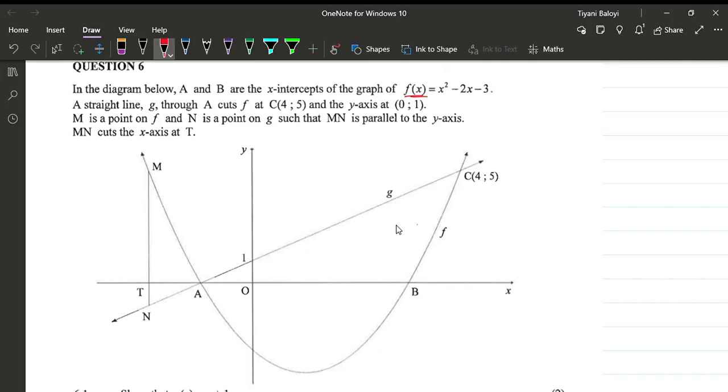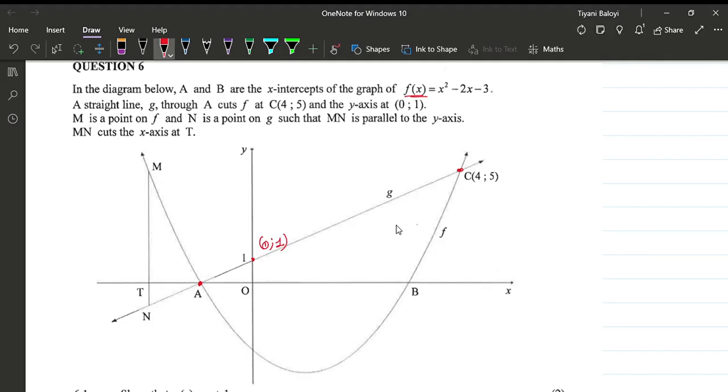A straight line G through A cuts f at C. So this is our straight line G, and this parabola is our function f. It also cuts the y-axis at (0; 1). So this is our y-axis, and this is our y-intercept.